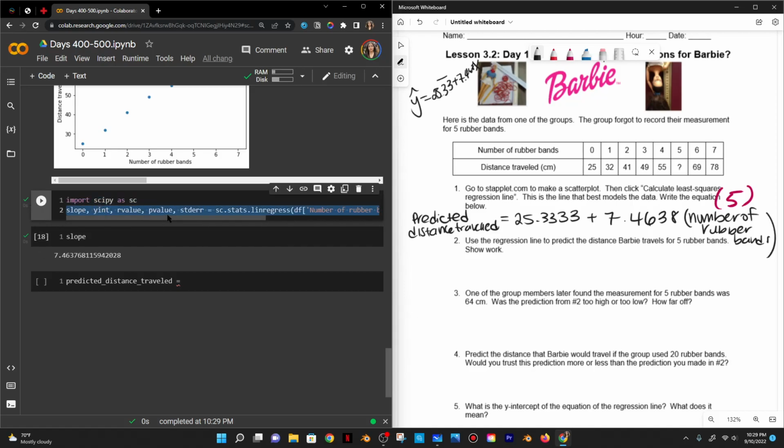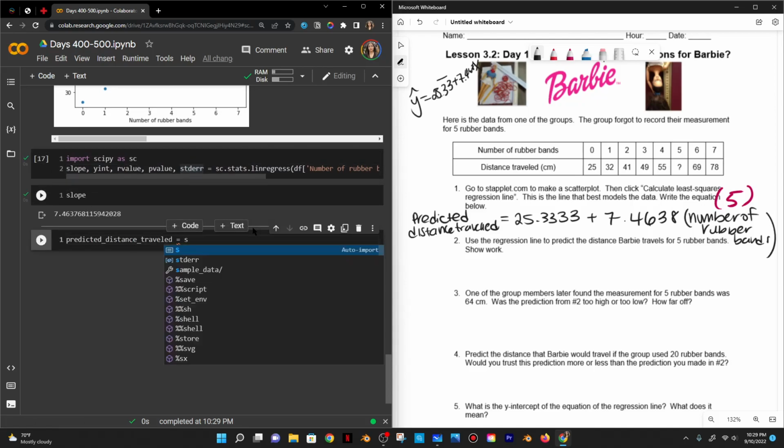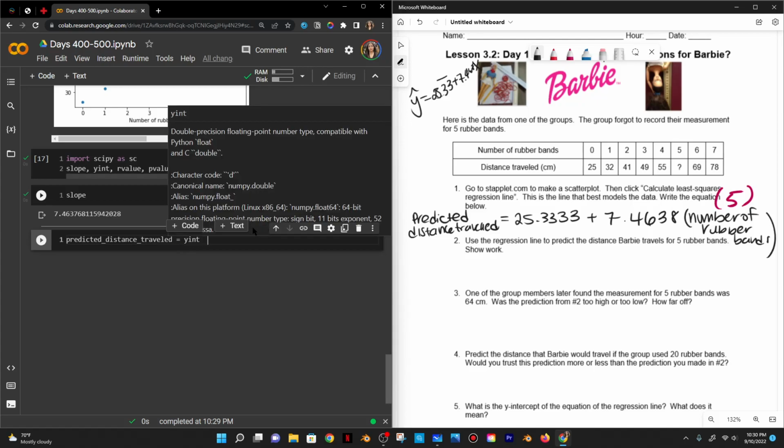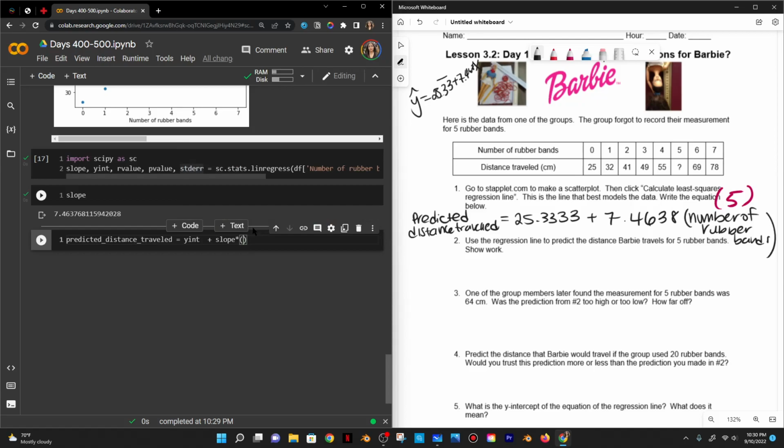So this is just like a quick trick that you could do. And then, so first of all, it's the y-intercept first. So the y-intercept, and then what's the other thing? The slope, right? And then it would be times x, which in this case, my x is actually going to be the number of rubber bands.